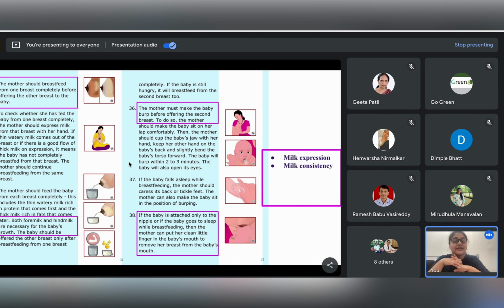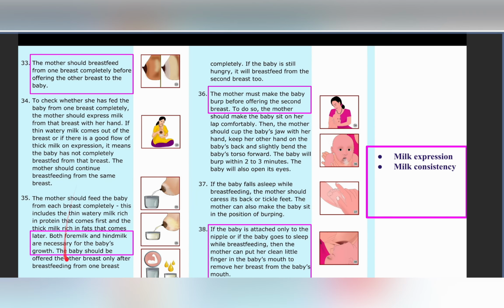So it shouldn't be that only the foremilk is going into the child's mouth, and hence the mother should also inspect properly whether hind milk is there in the breast or not, right? Both foremilk and hind milk are necessary for the baby's growth, and it is very important that the mother checks which consistency of milk is still there in the breast.